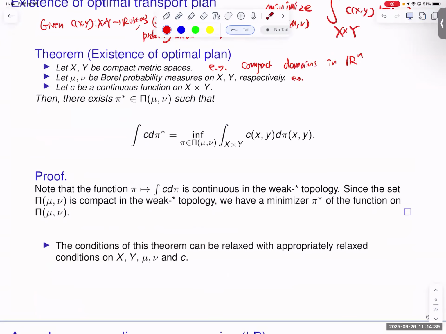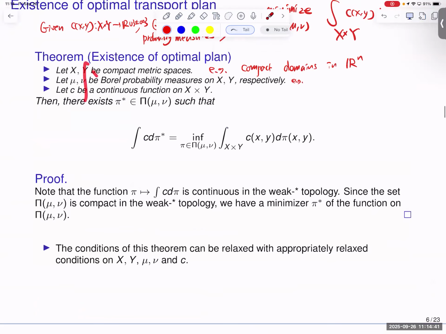And one comment is that these conditions can be relaxed. You can, for example, consider not just compact domains in R^n, but also the whole space. Also, you may sometimes consider discontinuous cost functions, like a cost that is 0 up to some point, and then something like this.